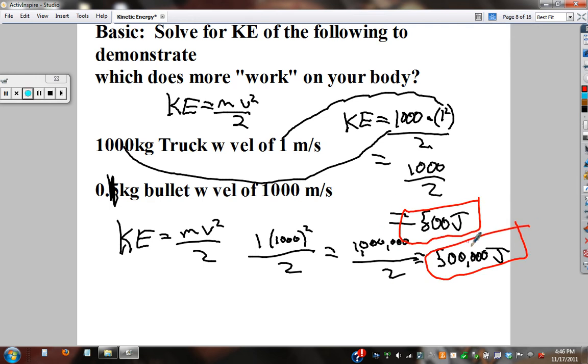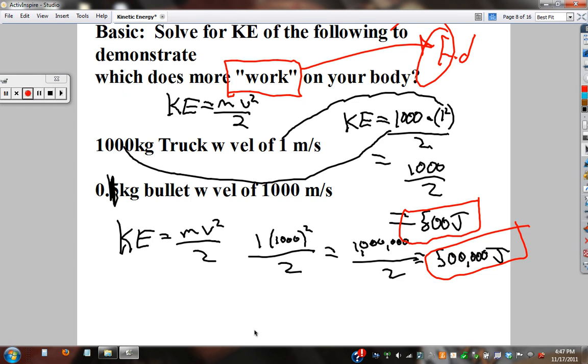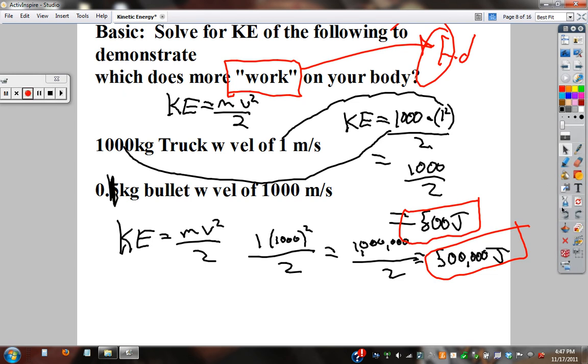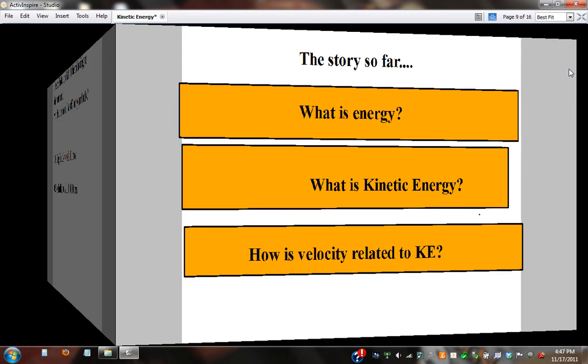Boy oh boy, gigantic difference, which is why a bullet does much more work on your body, and work equals force times distance. So it's essentially a much larger force when it hits you, and you're in trouble. And this is the basic idea. Answer this question, prove it to me mathematically. So that's a basic.